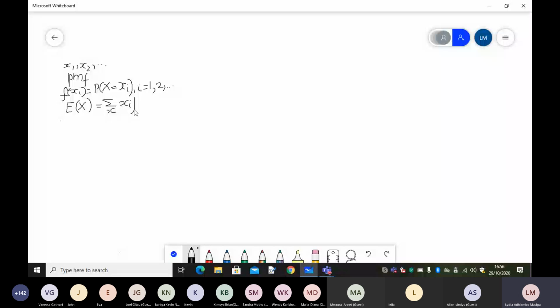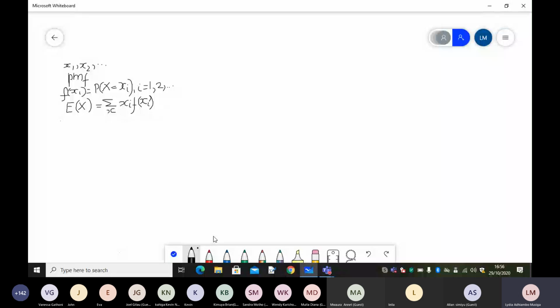When we are dealing with discrete random variables, we perform summation. When it is continuous, we integrate. Now, what does this mean? We are saying that the expectation of X is the summation over all the X values, xi times f of xi.